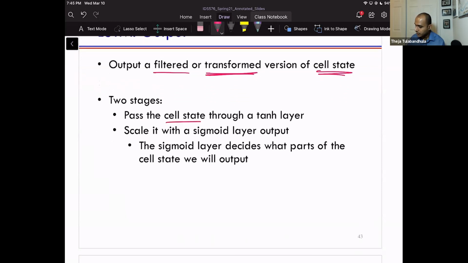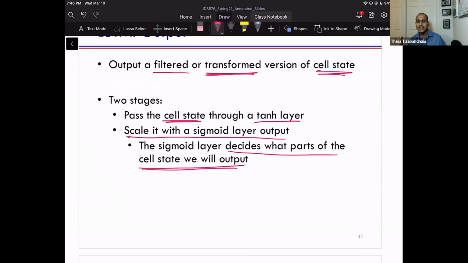What we're going to do is a simple transformation of the cell state through a tanh layer, and then we are also going to scale it with a sigmoid layer. So it's going to be an output gate, a gate which decides what parts of the cell state we will output.